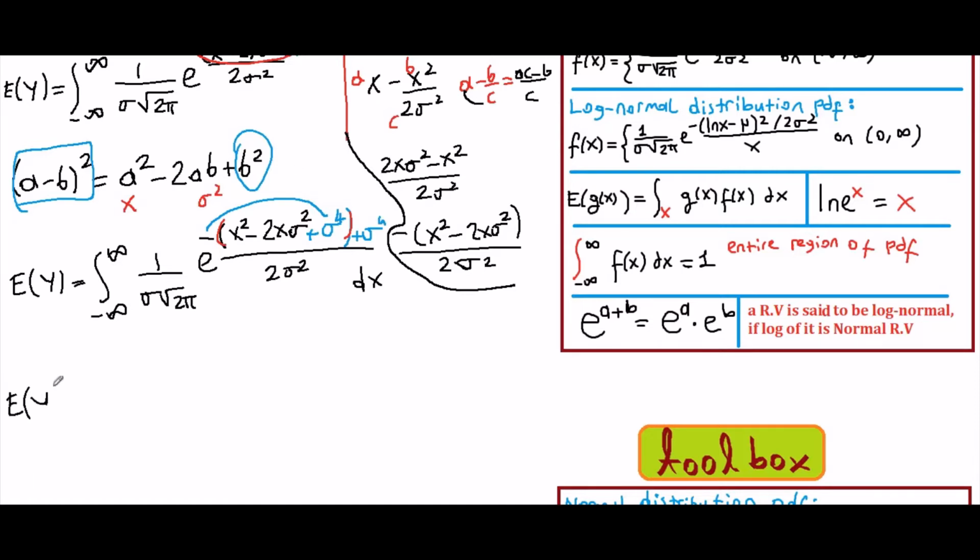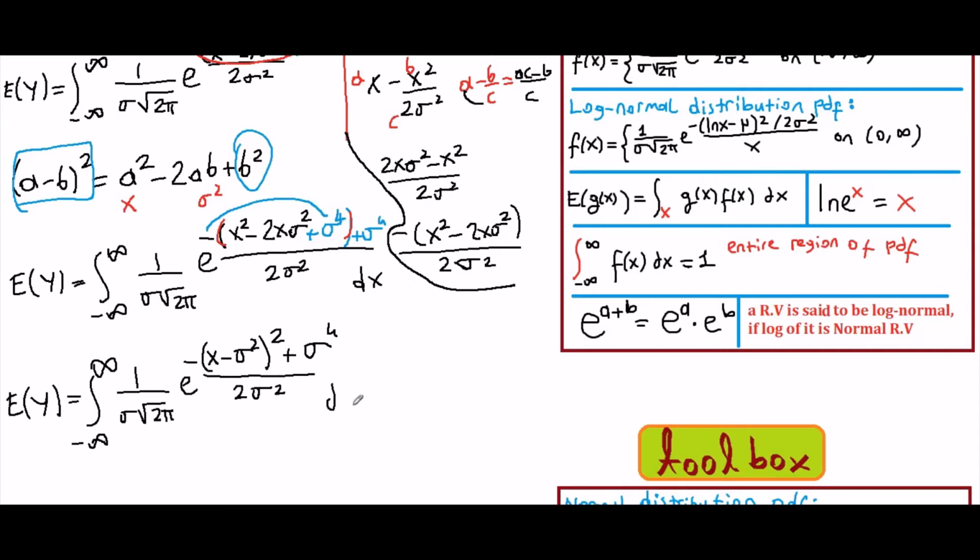So expectation of y will turn into the integral from negative infinity to positive infinity, 1 over sigma times square root of 2 pi, e to the negative, a term is x, b term is sigma squared, and squared, we have sigma to the fourth power from here, and we have our denominator 2 sigma squared dx.